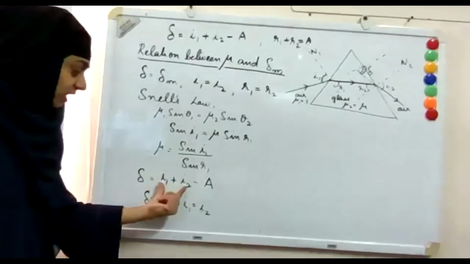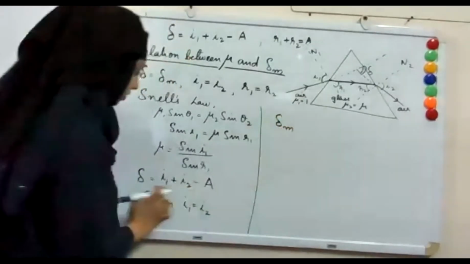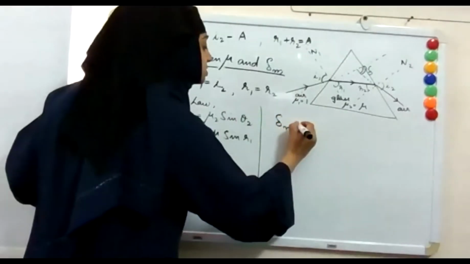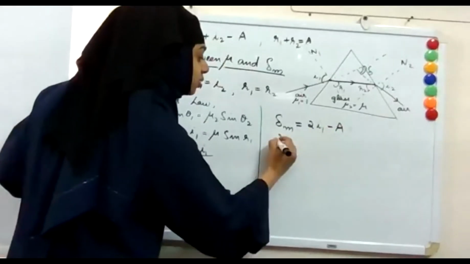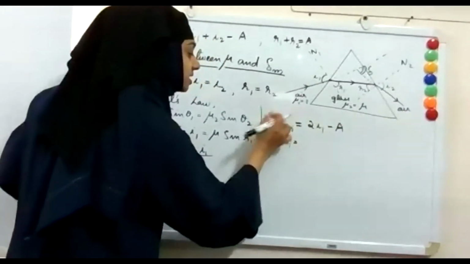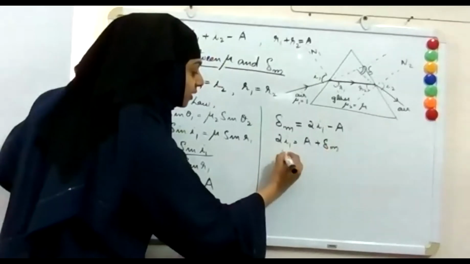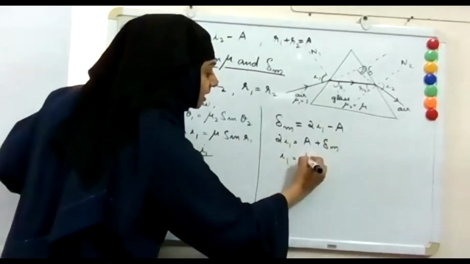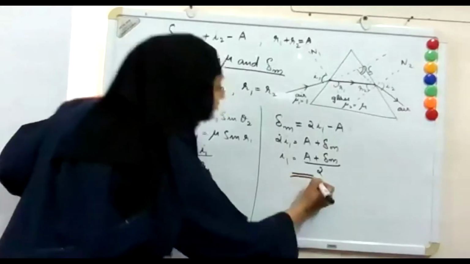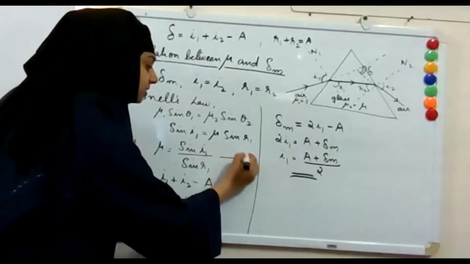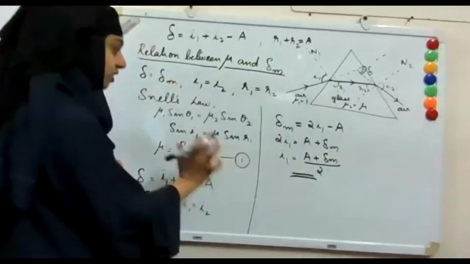So let me write delta m instead of delta: delta m is equal to 2I1 minus A, or 2I1 is equal to, A can be taken to this side, A plus delta m. So I1 is equal to A plus delta m divided by 2. So I got an expression for I1. Later, I will put that in this equation. Let me number this as equation 1, and I will put I1 in equation 1 later.